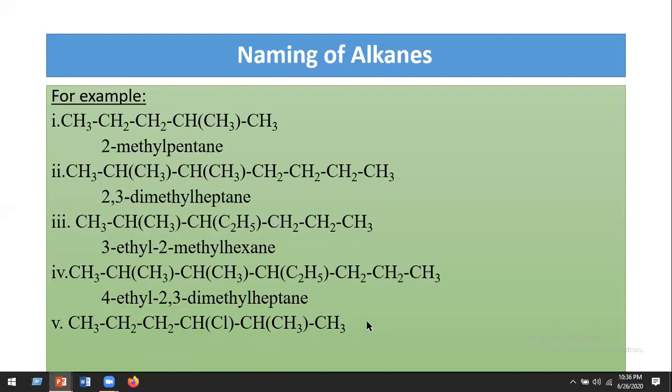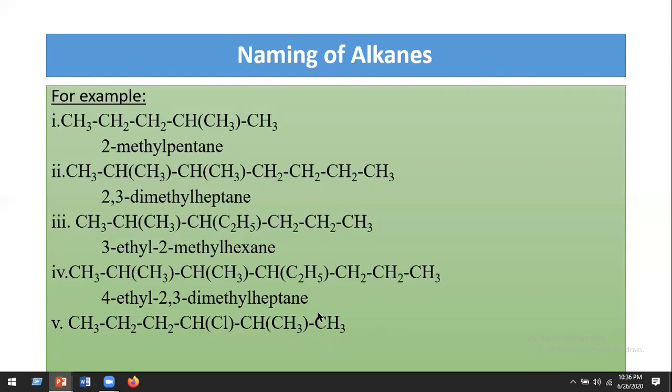And here you have to give numbers from right to left, because if you count from left to right, the position of this substituent will be the highest number. But if you count from right to left, then this group will be at the lowest number.